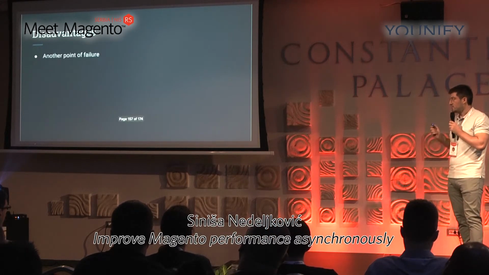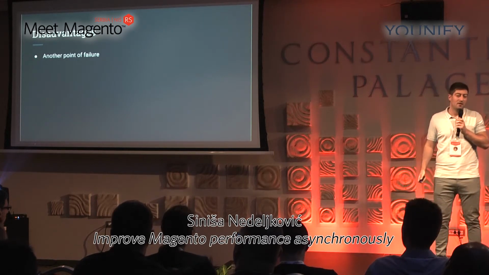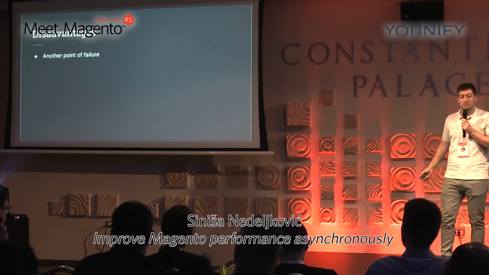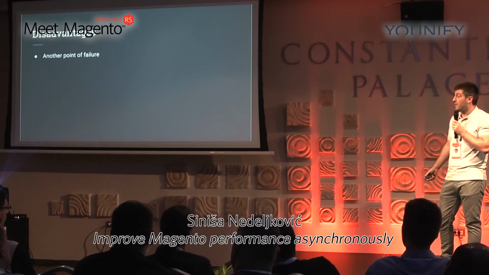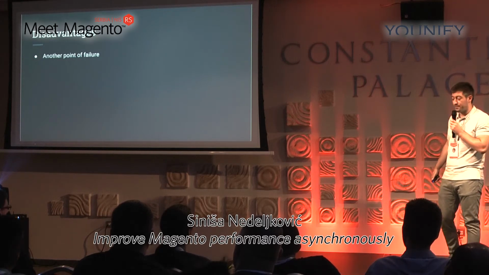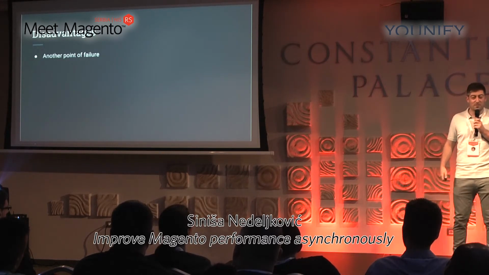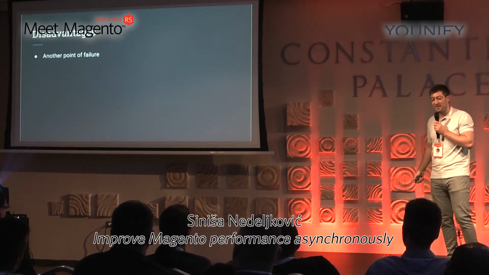Disadvantages. So first is another point of failure, obviously. It can be a problem if your message queue stops, but if you have good infrastructure, or quick DevOps who can react quickly, then it's not a problem.